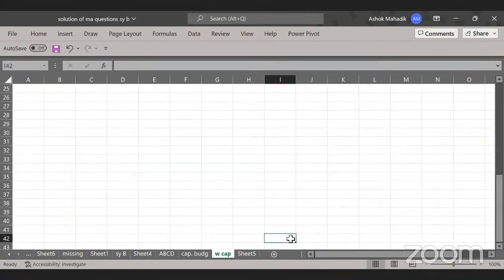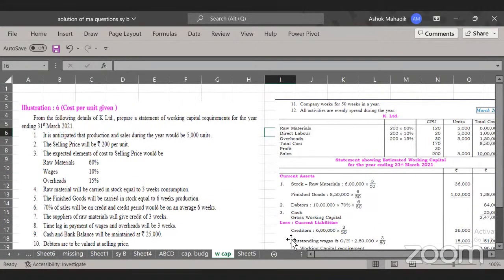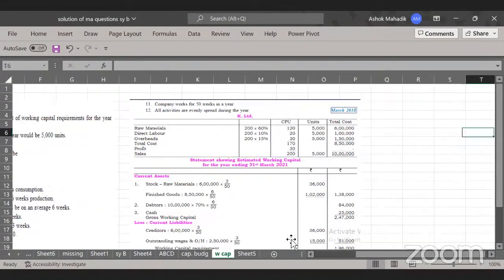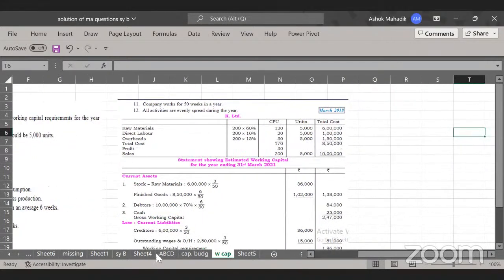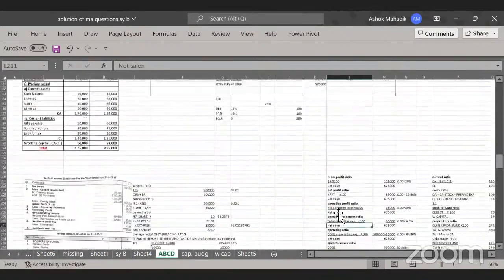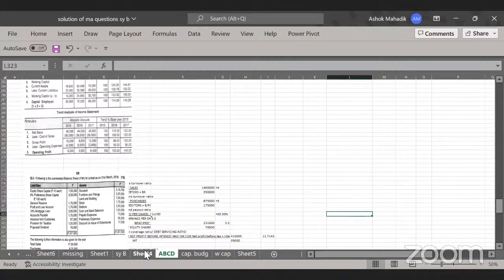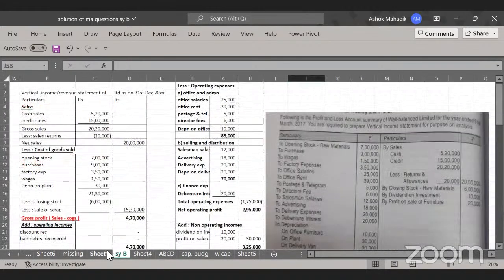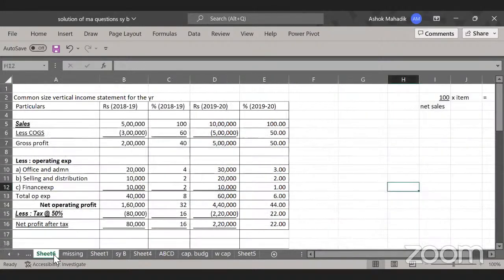एक मिनट, मैं भी देखता हूँ कोई सम अगर अवेलेबल है वर्किंग कैपिटल का वगैरह, तो आपको मैं बता देता हूँ. हाँ, ऑब्जेक्टिव हम लोग नहीं डिस्कस कर सकते डियर, हाँ सॉरी, और थ्योरी भी नहीं कर सकते.